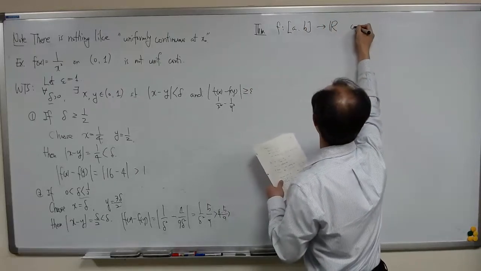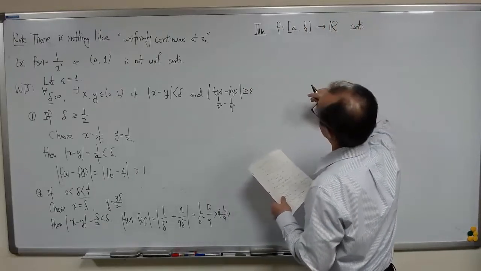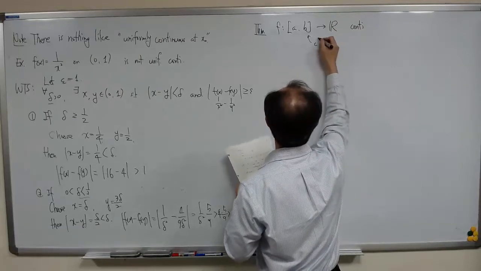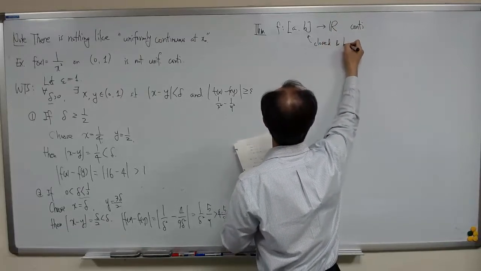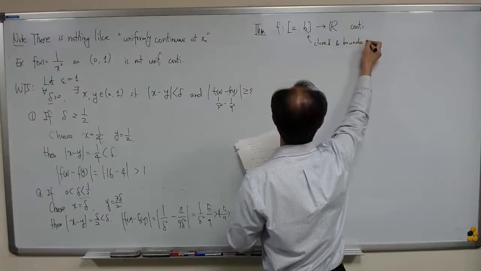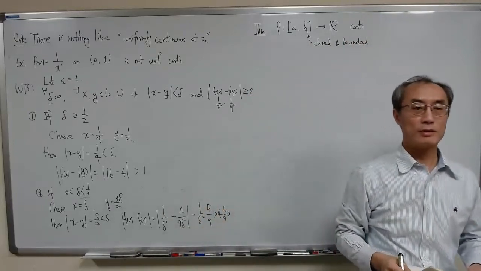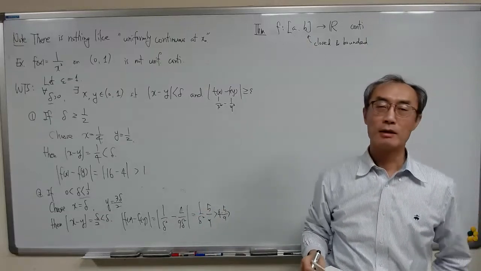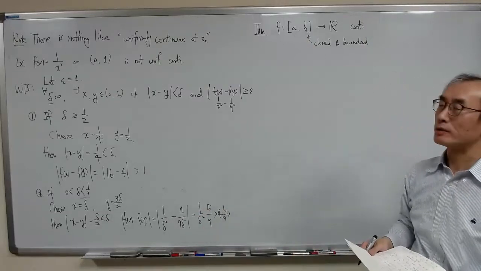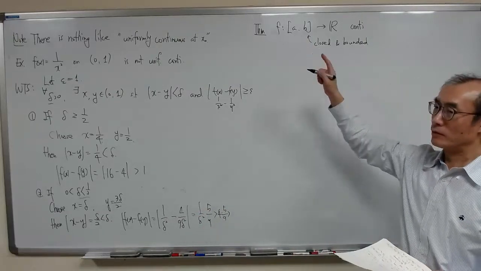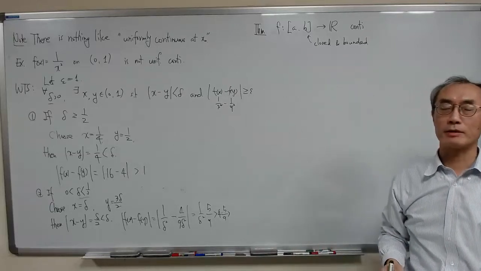Here, let's consider a continuous function whose domain is closed and bounded, which is also known as a compact set. A compact domain is very good for us to handle a continuous function.